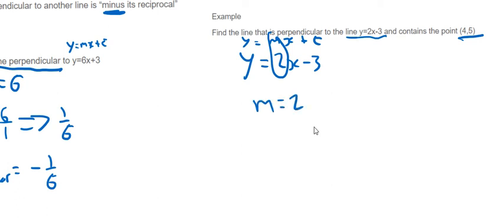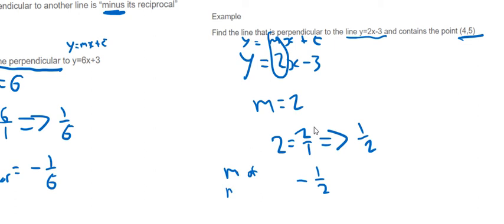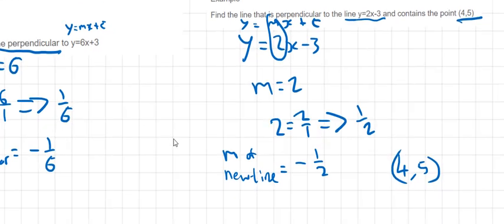I need to do minus the reciprocal because I want the slope of the line that's perpendicular to it. Again, 2 is the same as 2 over 1, so the reciprocal is 1 over 2, and with the minus it's minus a half. So m of the new line equals minus a half, and I can use the point 4, 5 because that point has to be on the line.